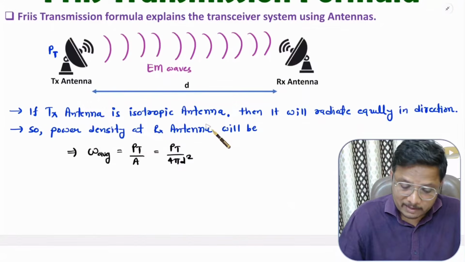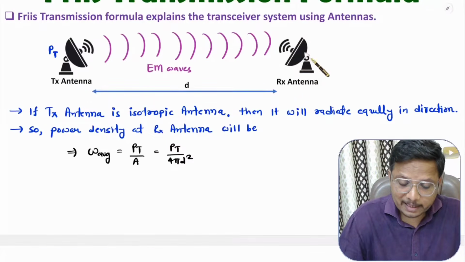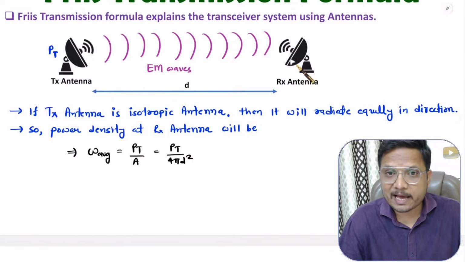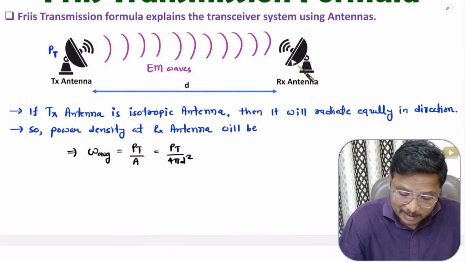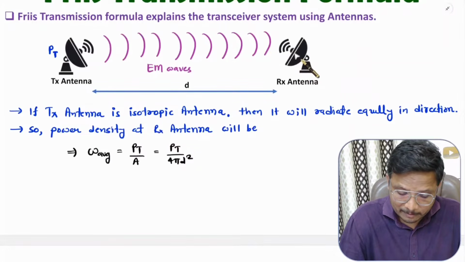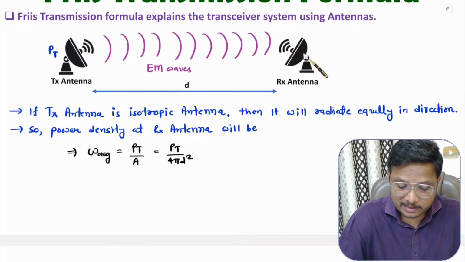Now, consider the receiving antenna having effective area AER. How much power is received by this receiving antenna? It is the average power density times the effective area of the receiving antenna.